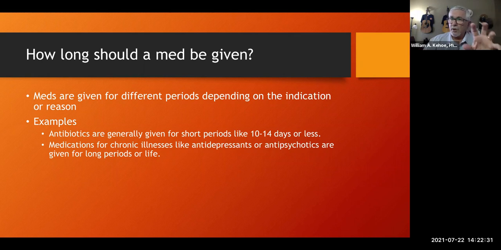That short-term acute problem, the medication is going to be given for a specified period of time. For most infections, it's usually a few days, maybe 3 to 5 days. For urinary tract infections, maybe longer for respiratory tract infections, but there'll be some specified time frame within which that's supposed to be taken. And when the problem has resolved, the medication is stopped.